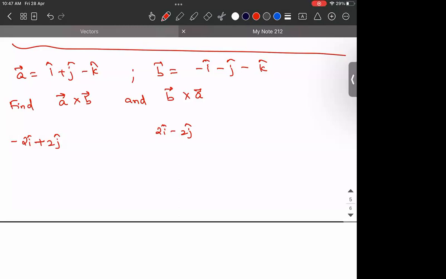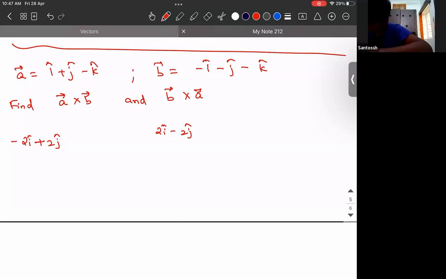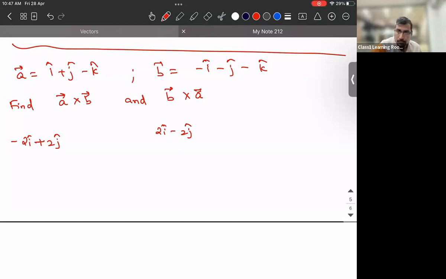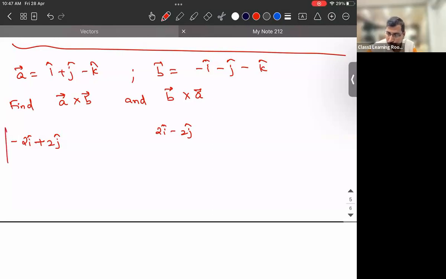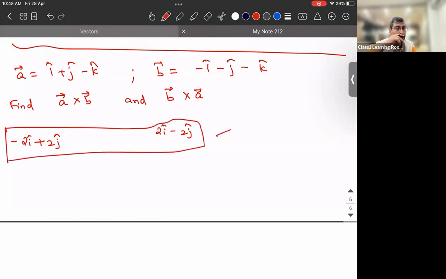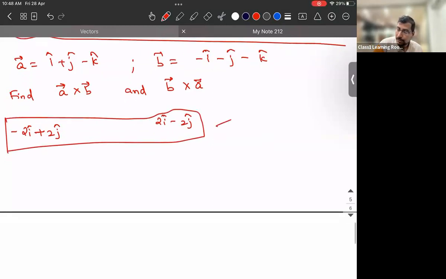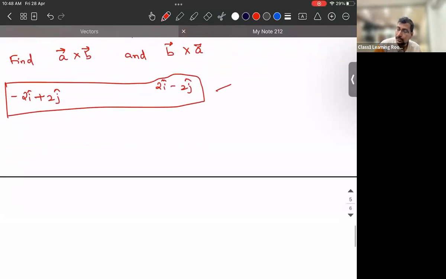Got it. So is this the answer everyone is getting? Right? Yes, sir. Okay, then I need not do it. So this is about the cross product of vectors. Am I clear with this?